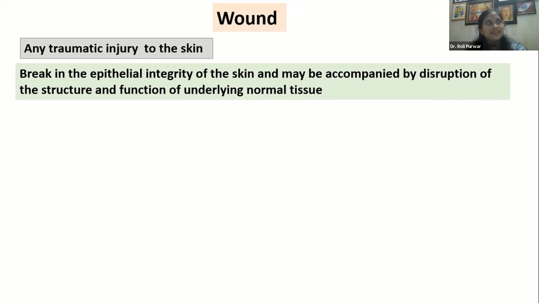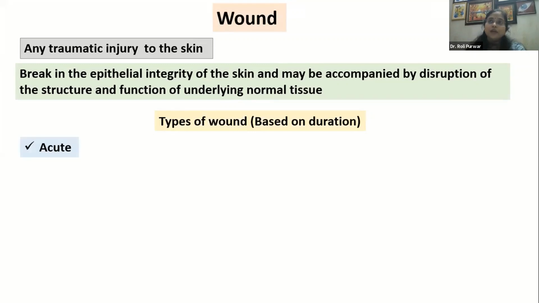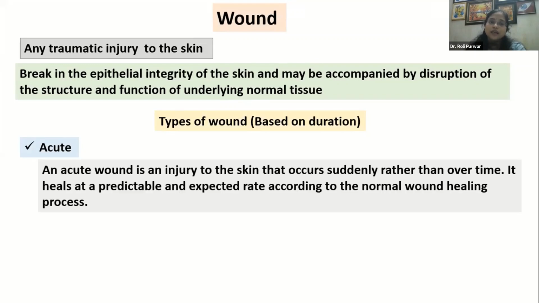So this is a general definition of the wound, and based on the duration, we have different types of wounds. One we call an acute wound. An acute wound is an injury to the skin that occurs suddenly rather than over time. It heals at a predictable and expected rate according to the normal wound healing process.